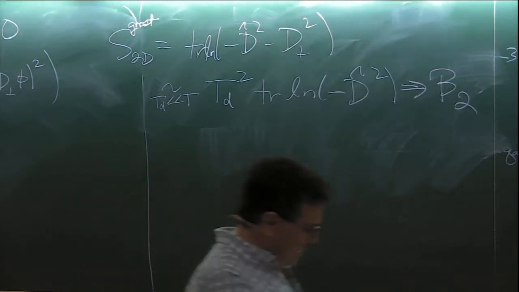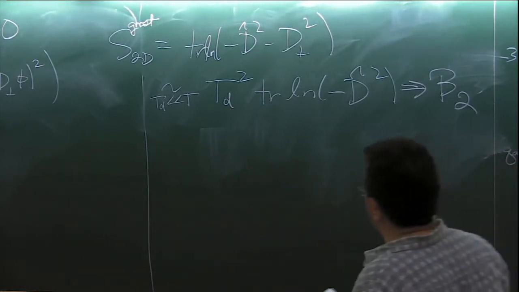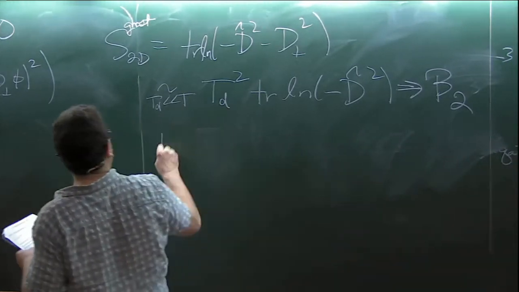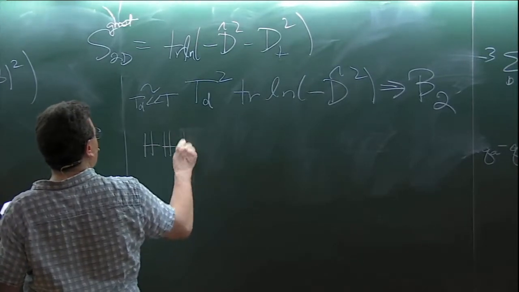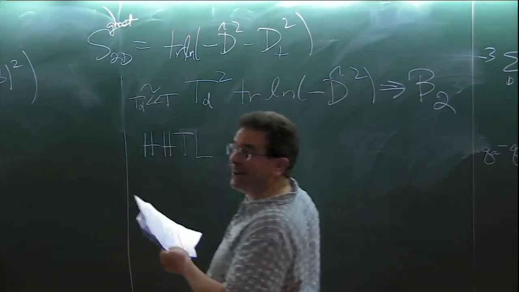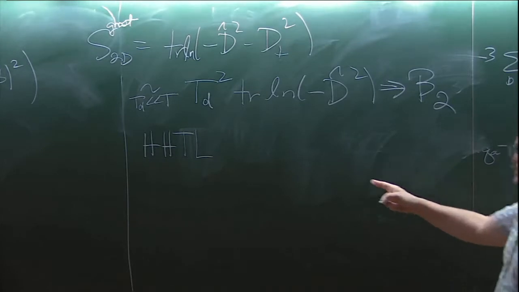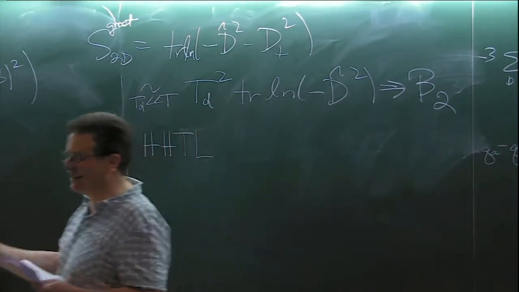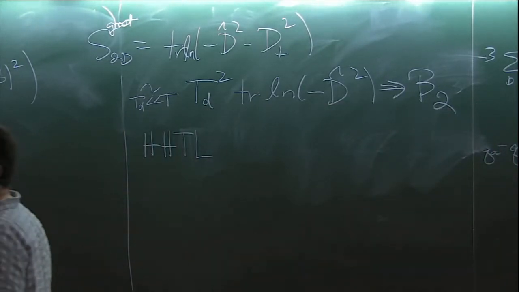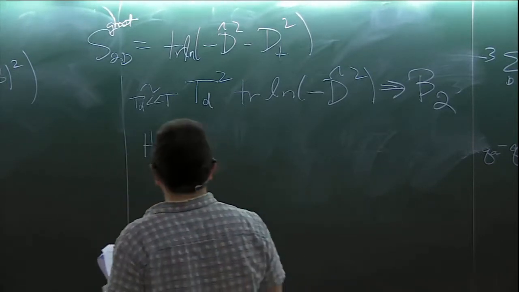But when you do this, you can then compute, and what you find is that you get what I like to call a holonomous hard thermal loop. And it's just because it's 2 H's, you know, I like the alliteration. My collaborators have not approved this notation, I should say.